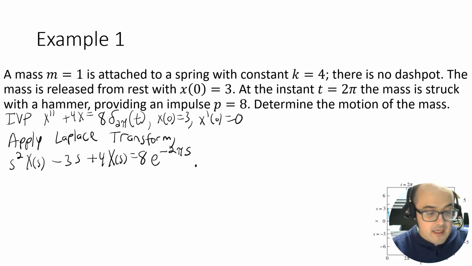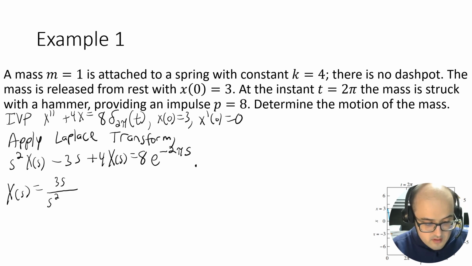So capital X of s would be equal to 3s divided by s squared plus 4, plus 8 times e to the negative 2 pi s divided by s squared plus 4.